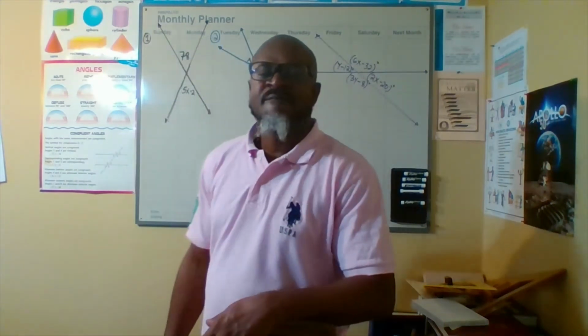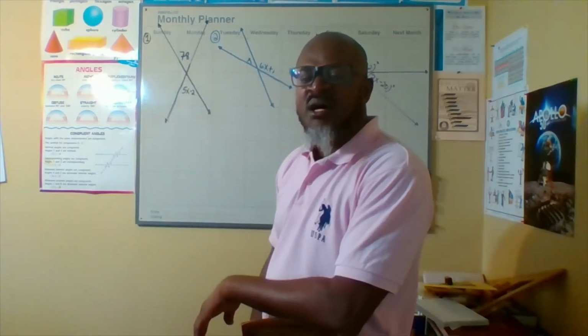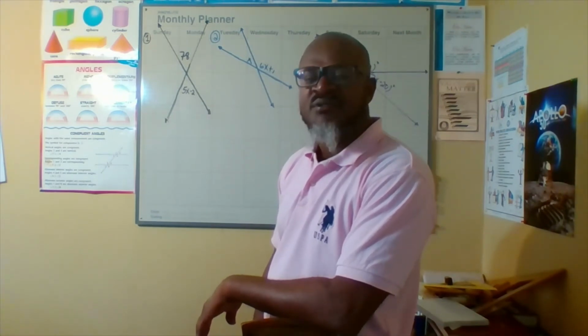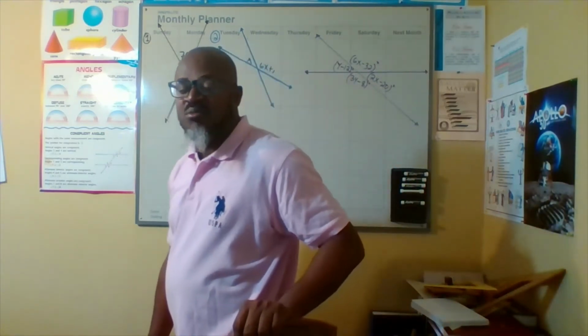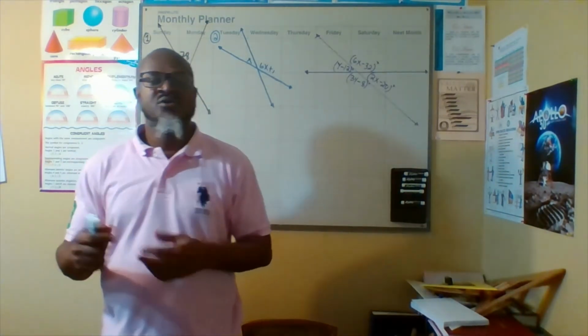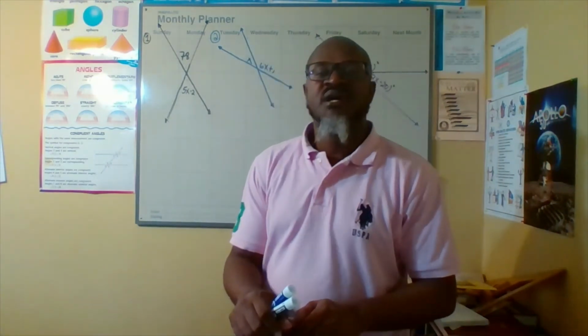Linear pair and vertical angles are two of the most important concepts you're going to see first in geometry. You're going to see them in almost every chapter, so refresh your memory, because those two concepts keep coming up.